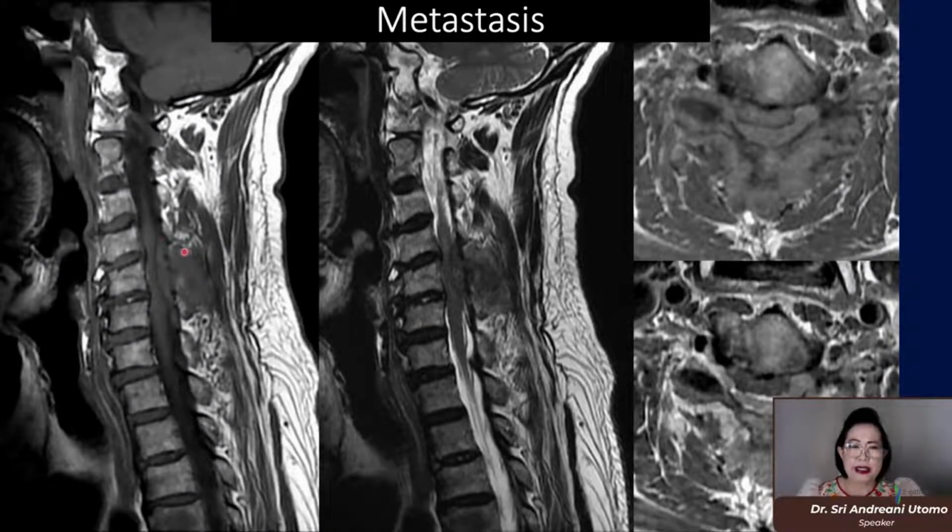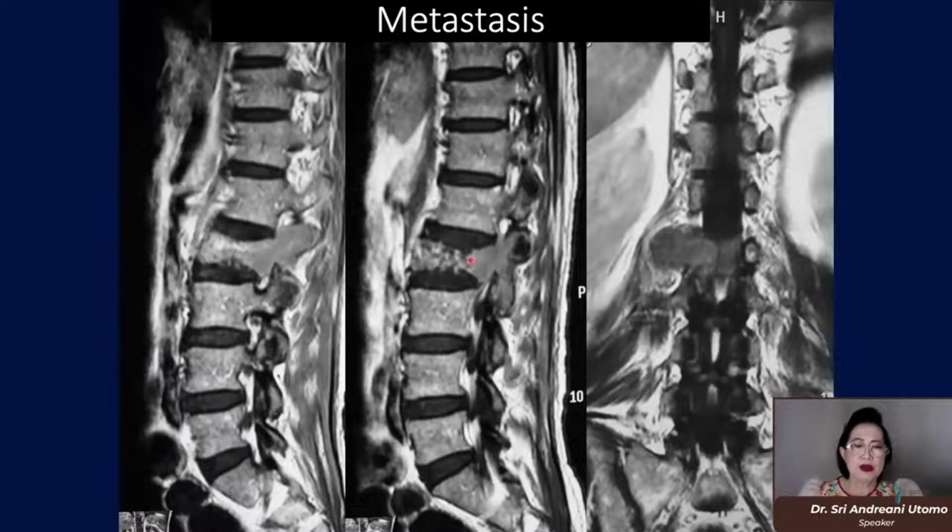Metastasis, also we can see bone destruction here in the spinous process with a bulging mass that extends to the posterior epidural space. And this one is also a metastatic process. This is not prominent bony trabeculation, but a destruction of the vertebral body with bulging soft tissue mass.